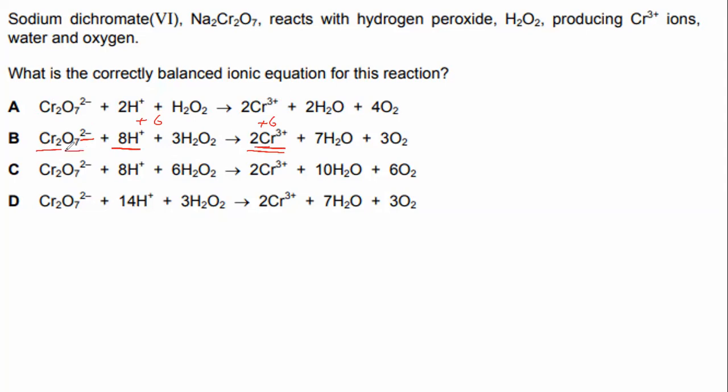Total oxygen on this side, 7 and 6, so 13 oxygens. And here we have 7 oxygens plus 6, 13 as well. 8H+ and 6, 14 hydrogens. Here we have 14 hydrogens as well. So the correct answer is B.